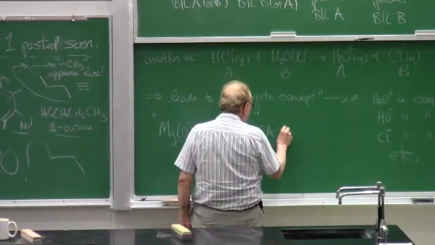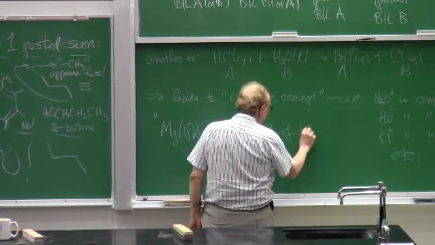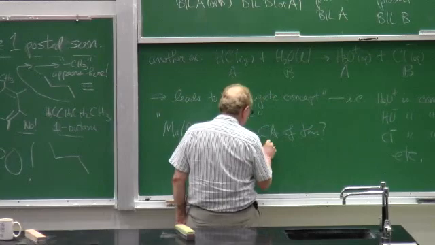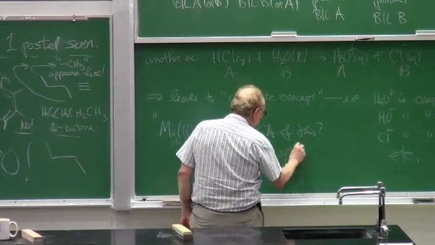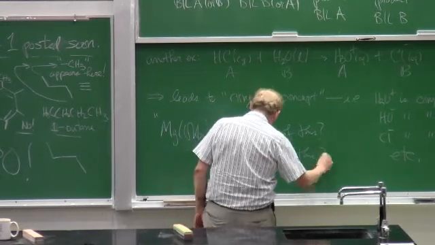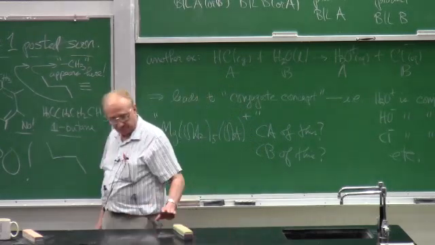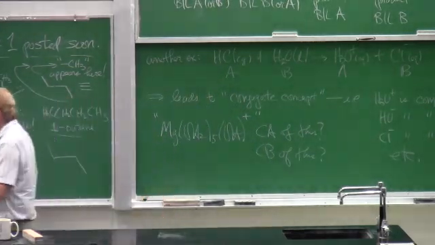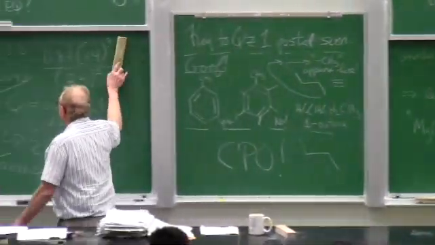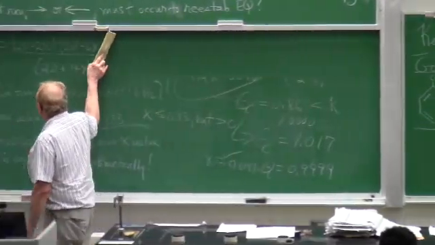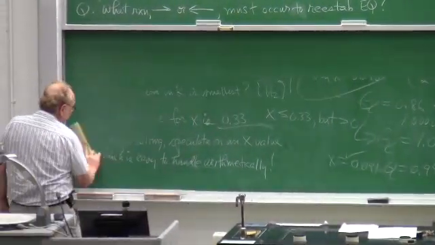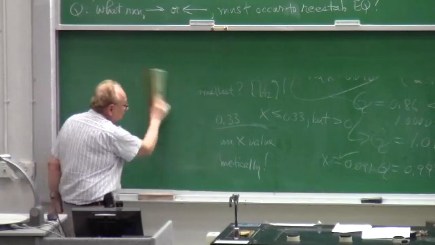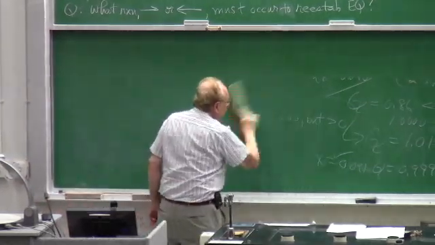Ca of this, Cb of this. Write the formulas in response to these questions on your paper. Write those formulas on your paper right now.